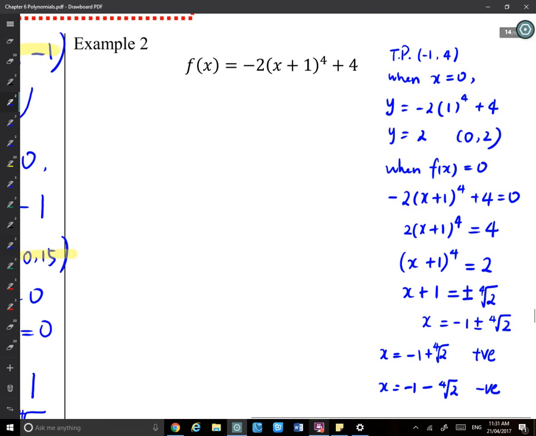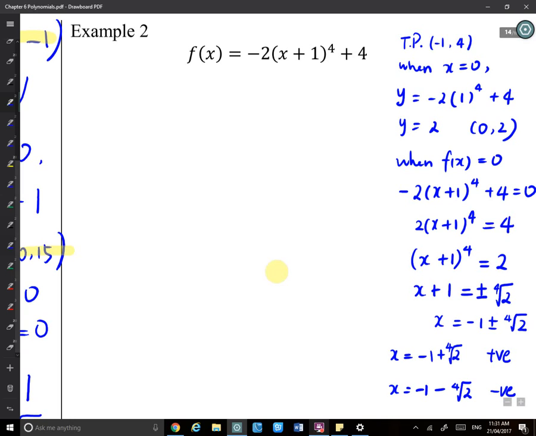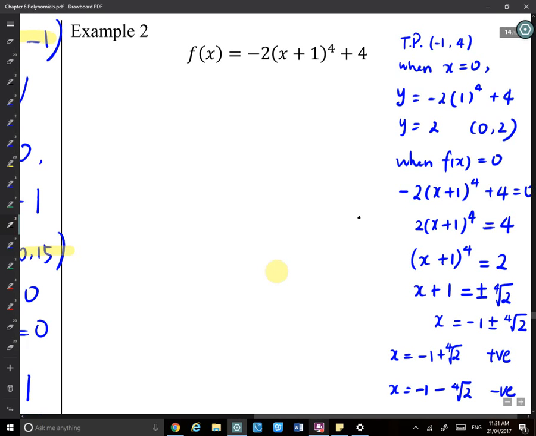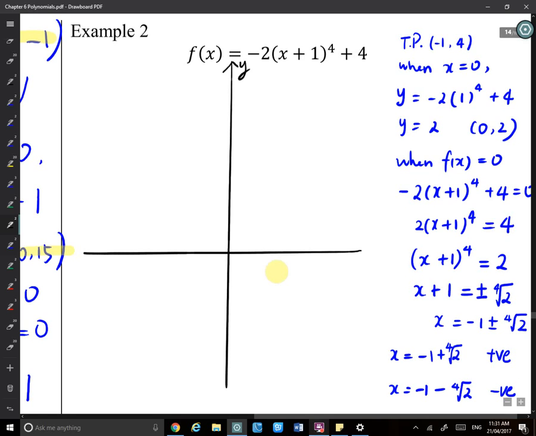All right, let's sketch the graph. Okay, you have (-1, 4).